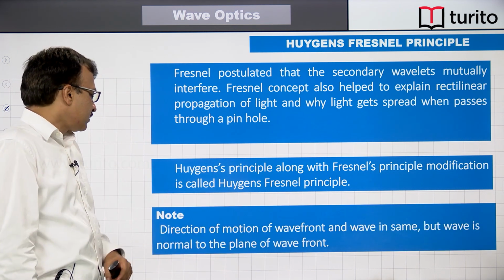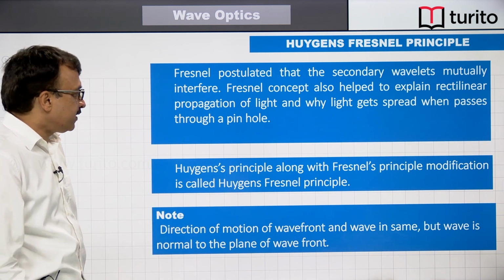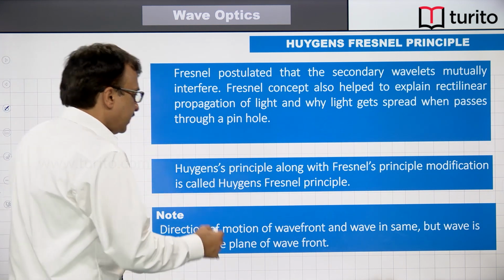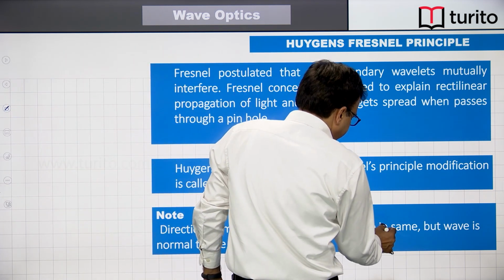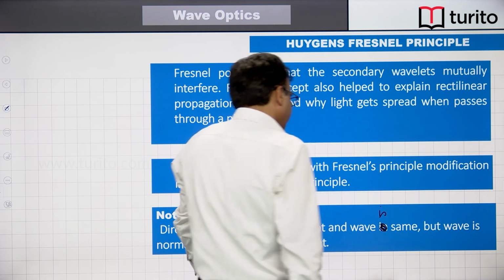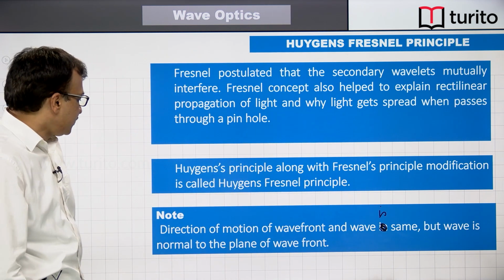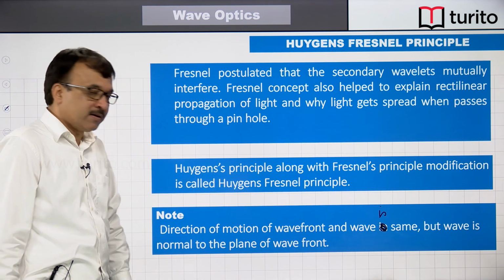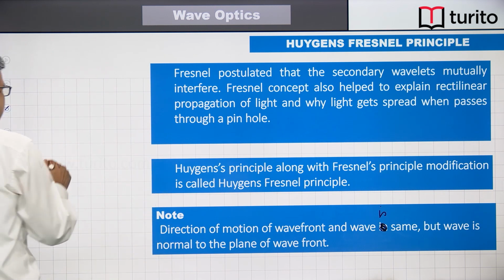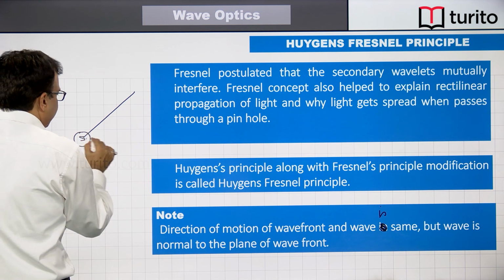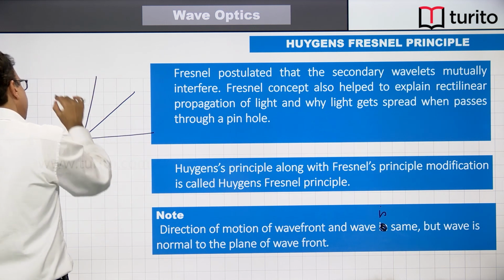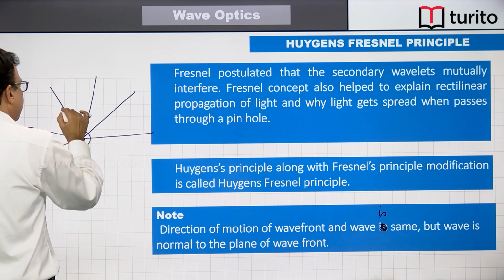This is an important note. The direction of motion of wavefront and wave is the same, but the wave is normal to the plane of the wavefront. What is the meaning of this? Suppose this is the source and waves are travelling in this direction. This is the direction of propagation of waves.